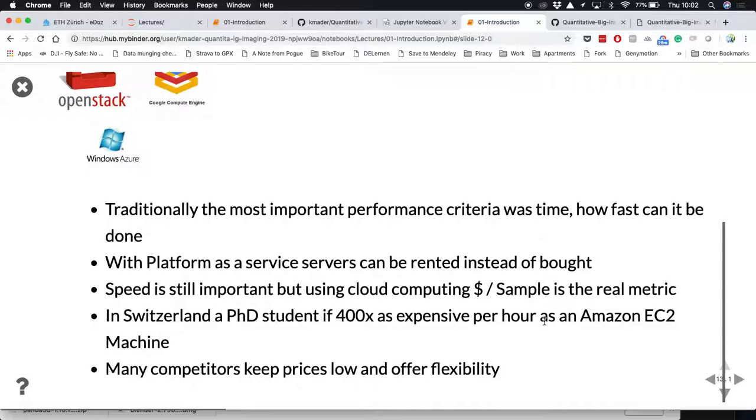And so, particularly if you look at Switzerland as a starting point, PhD students are 400 times as expensive per hour as computers from Amazon, just as a rough scaling factor, which means that if you spend an extra hour trying to get something working on your computer here, that's 400 hours you could have been using Amazon machines to solve your problem.